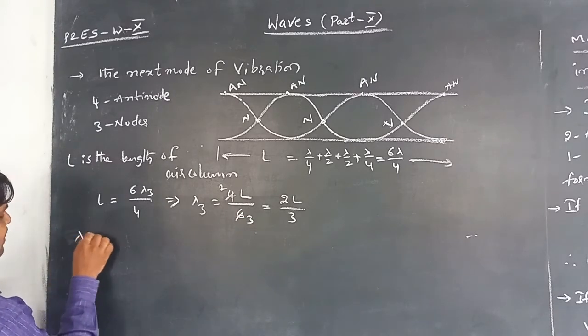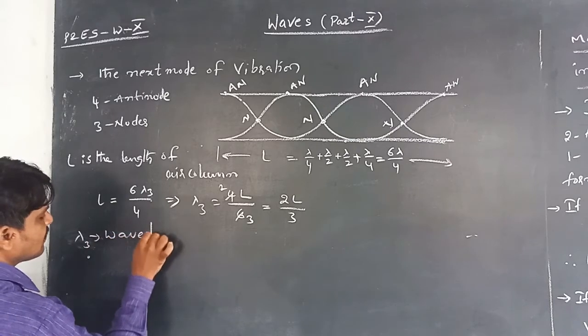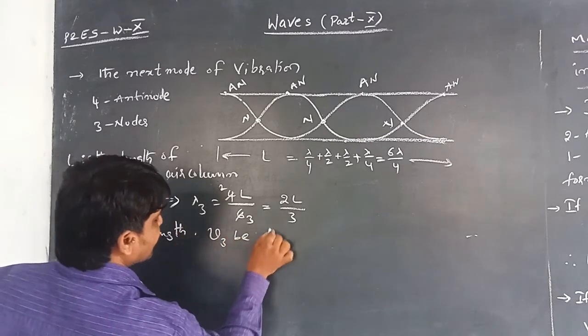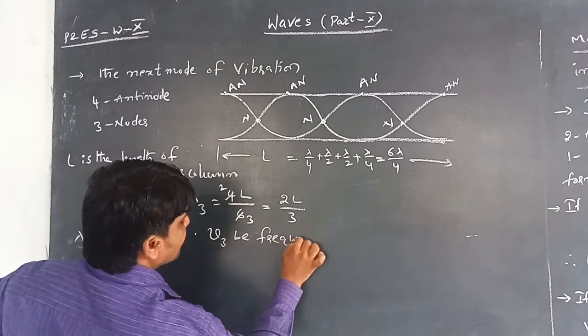Here lambda 3 is the wavelength and nu3 is the frequency of vibration.